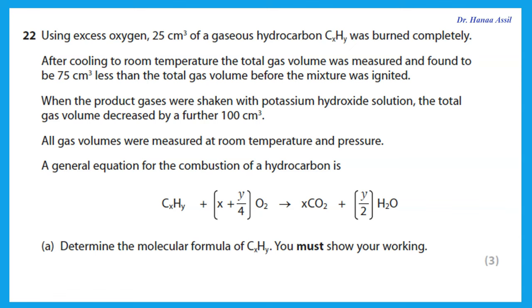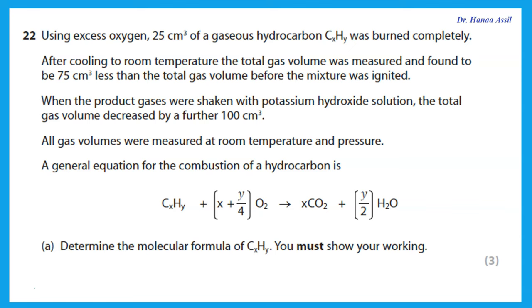Using excess oxygen, 25 centimeter cubed of a gaseous hydrocarbon, CxHy, was burned completely. After cooling to room temperature, the total gas volume was measured and found to be 75 centimeter cubed less than the total gas volume before the mixture was ignited.